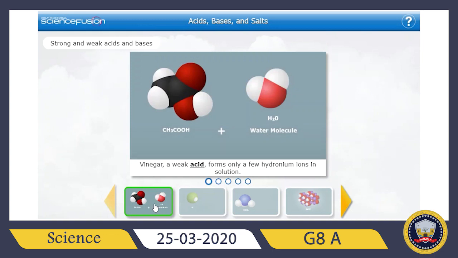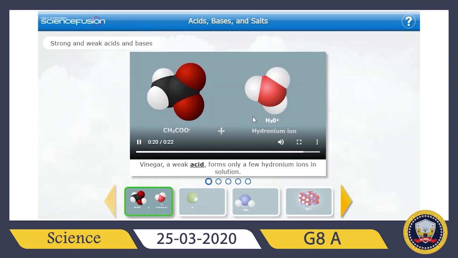Here we have vinegar, for example. It's a weak acid, and when weak acids dissolve in water, they will produce a smaller amount of hydronium ions. Okay, so most of these molecules of acid will stay the same.